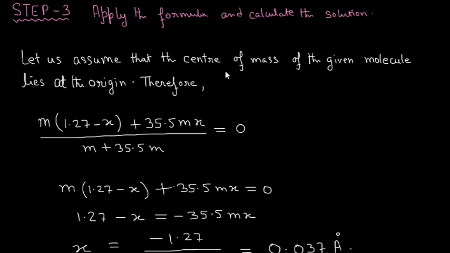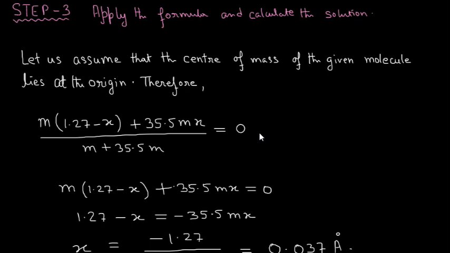Let us assume the center of mass of the given molecule lies at the origin. Therefore, we can write mass m multiplied by distance, that is 1.27 minus x, plus 35.5 m, which is the mass given, multiplied by x, the distance from the figure, upon addition of both the masses, m plus 35.5 m, is equal to 0.